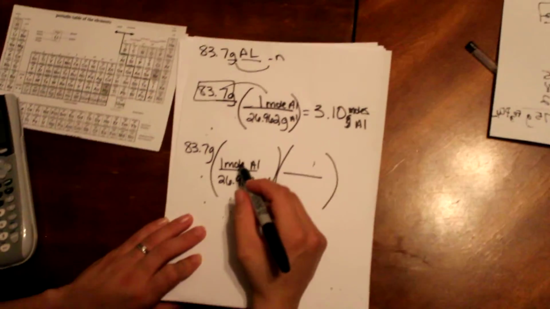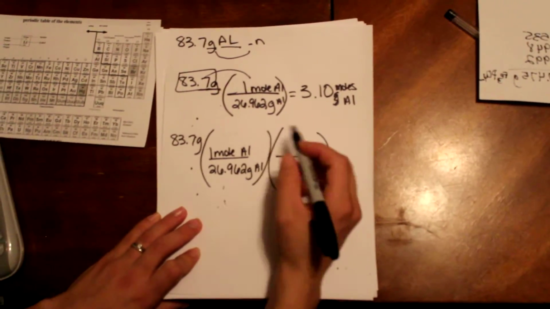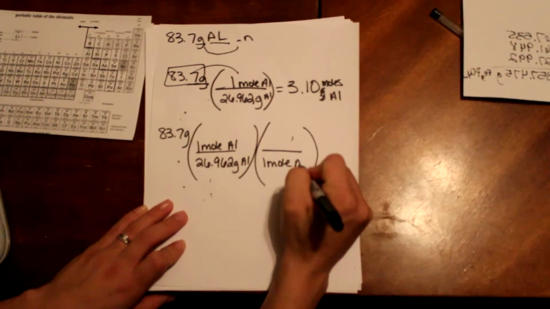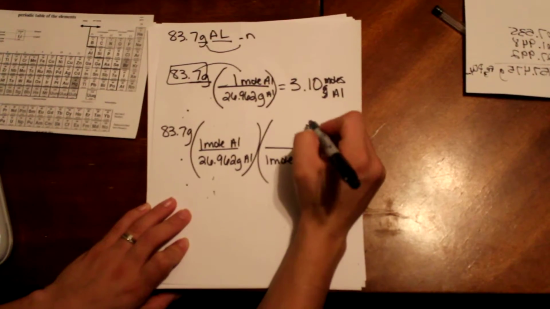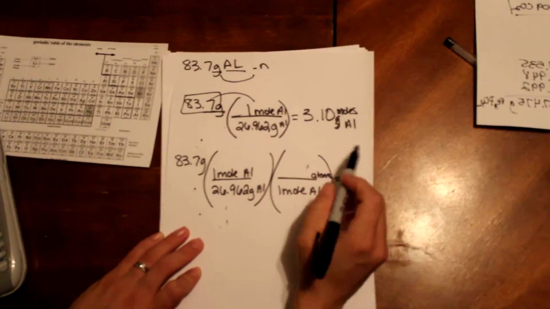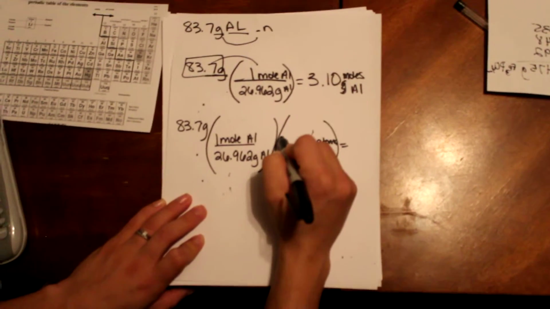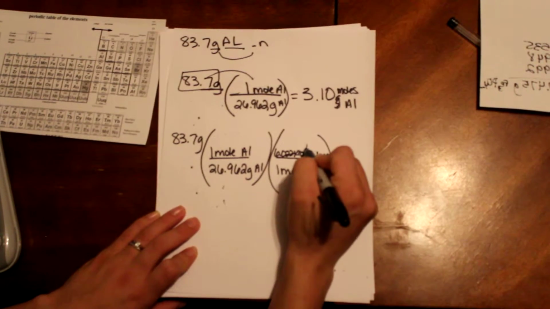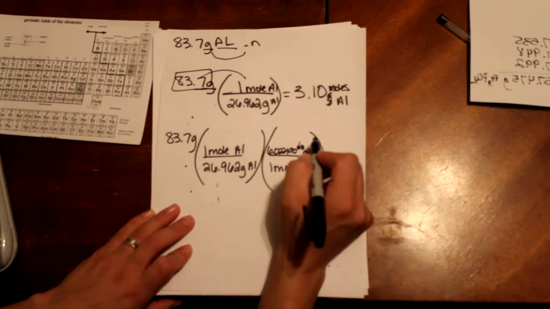Moles and atoms go together, so you put your moles down here so that they cancel out, and you put your atoms up here, because that's what you want your final answer to be. You're going to use Avogadro's number, 6.022 times 10 to the 23rd.